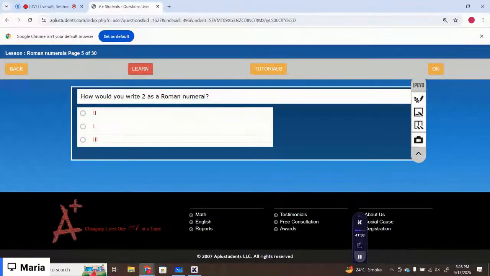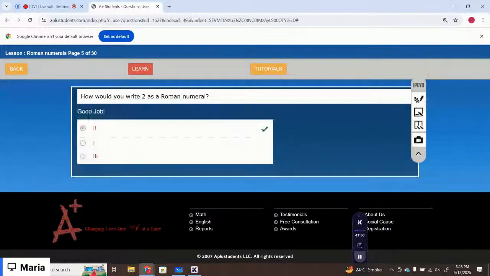How would you write 2 as a Roman numeral? Option number 1 is the correct option. That is 2.